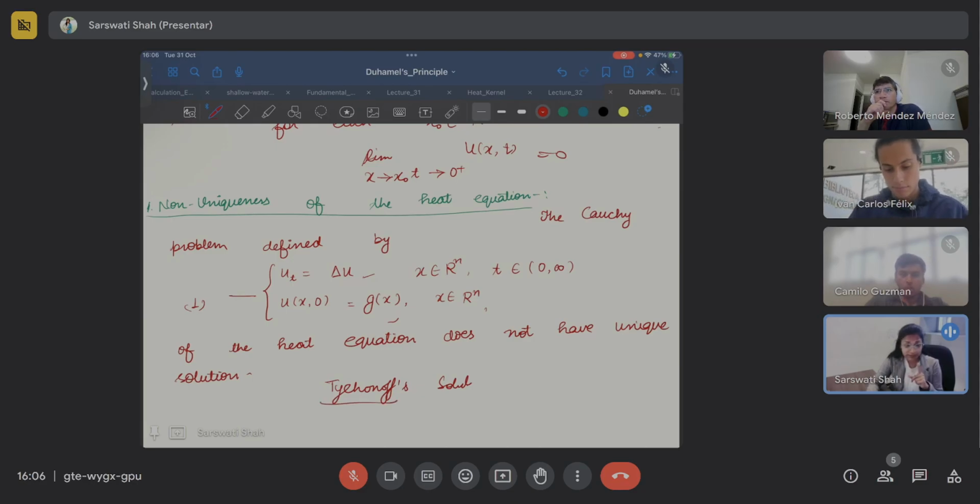So this is the author who gives the infinite solutions of the homogeneous heat equation with the variable initial data. We are going to see how he constructed that solution.